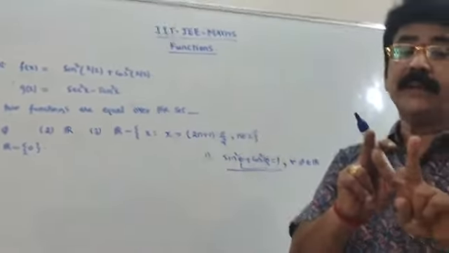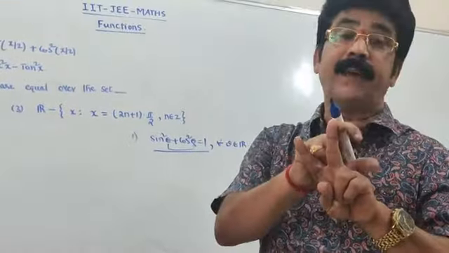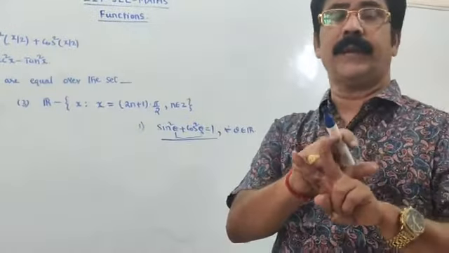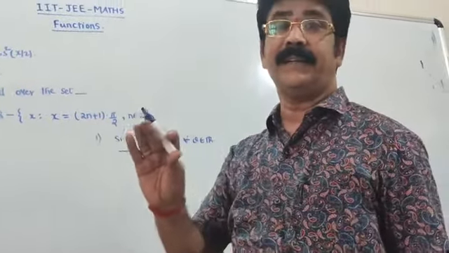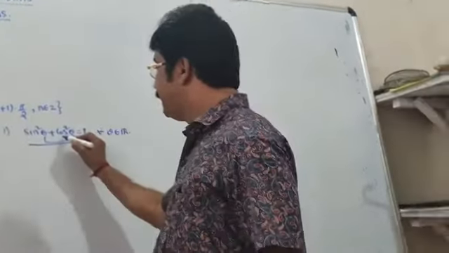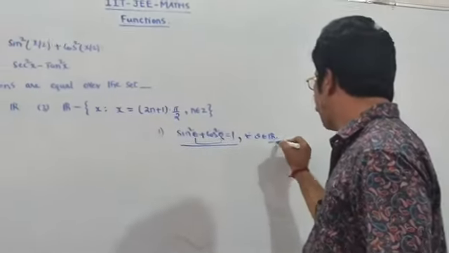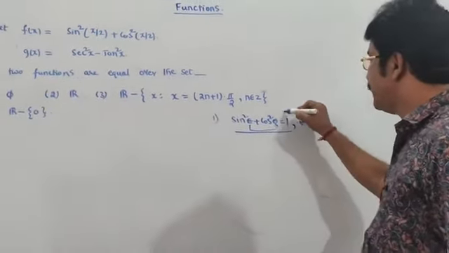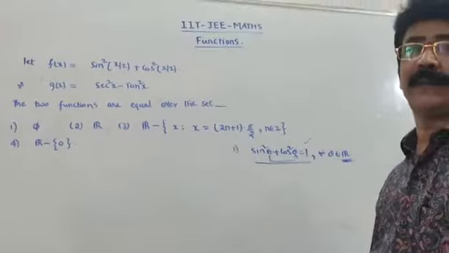Therefore sin square theta plus cos square theta is equal to 1. This is the trigonometrical identity. If the given statement is true for every real number, then it is called an identity property.